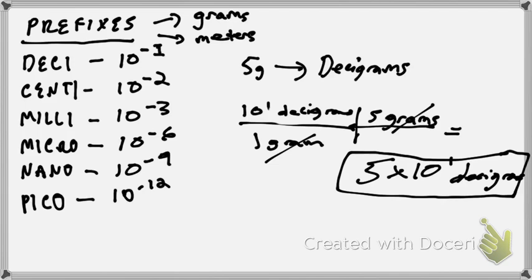And that's one reason why you need to know the prefixes. All right, 5 times 10 to the 1 decigrams, or 50 decigrams, right? So let's go ahead and erase this.